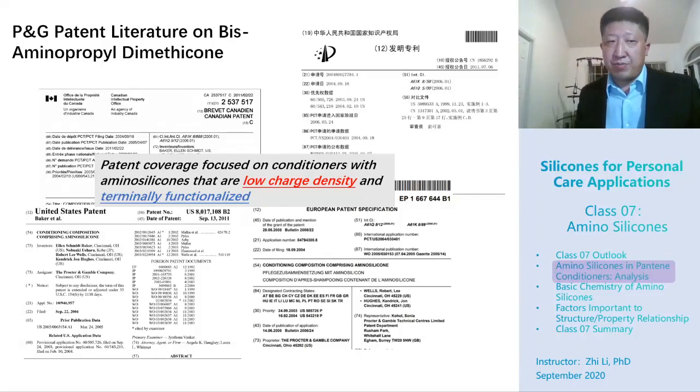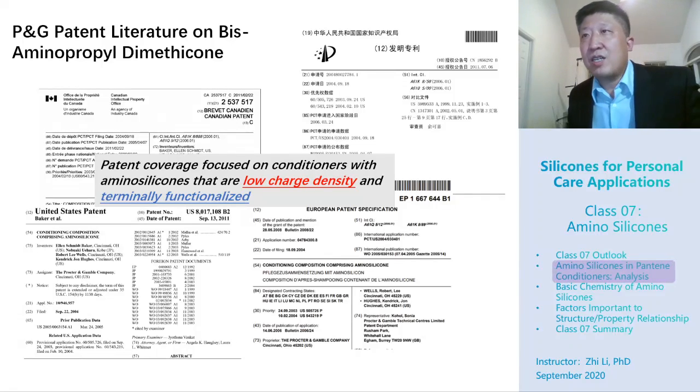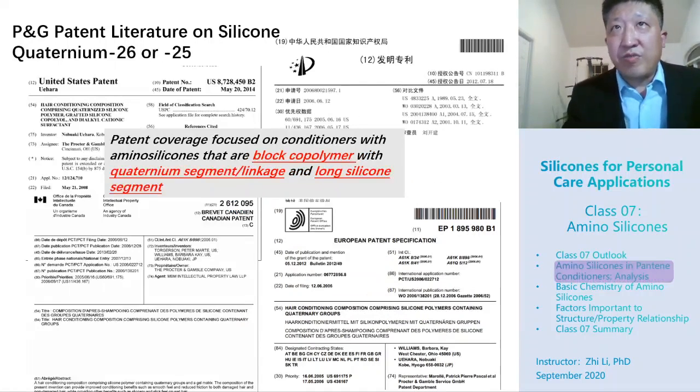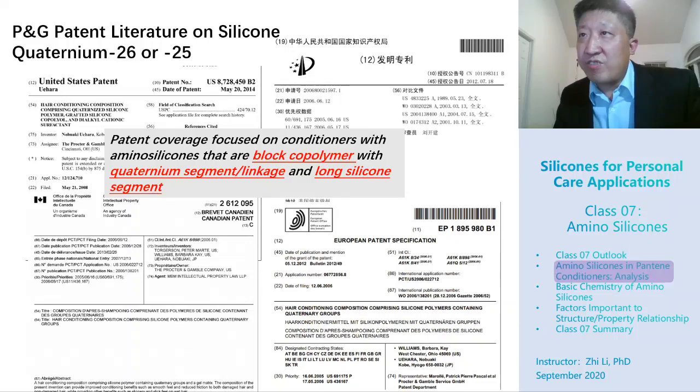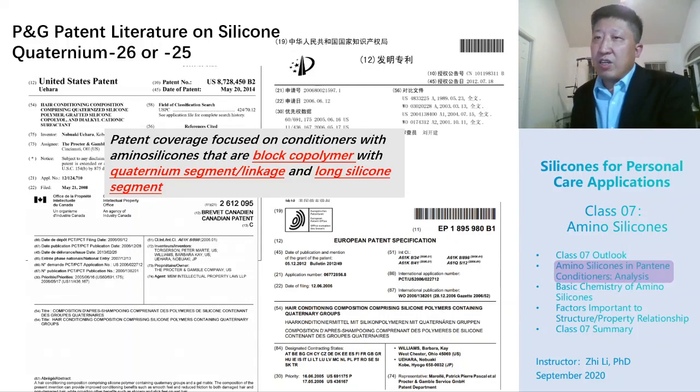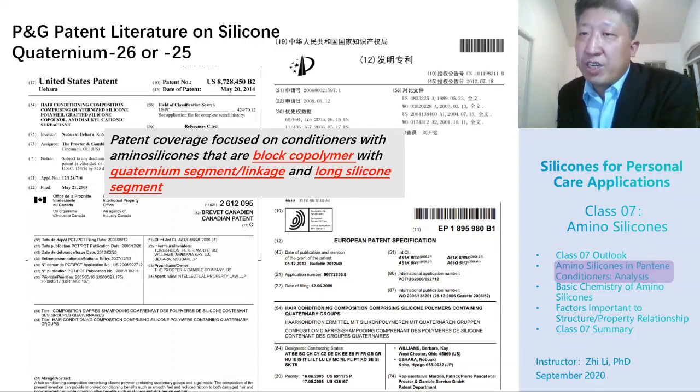You must tell us something. Seriously, low charge density. Why? What does low charge density mean? And of course, bis-aminopropyl, which we talk about, is terminal functionalized. This is bis-aminopropyl dimethicone. We spent time to look at all these patents issued in different countries.